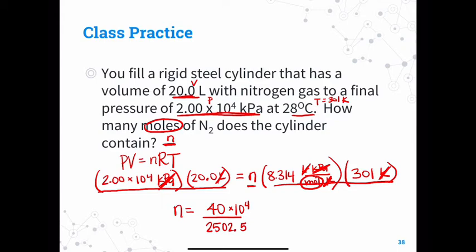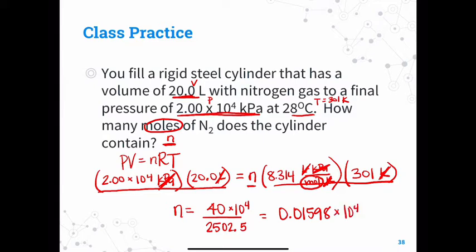So now when I divide that, I personally am just going to divide 40 by 2,502.5. And I got 0.01598, okay, times 10 to the 4.